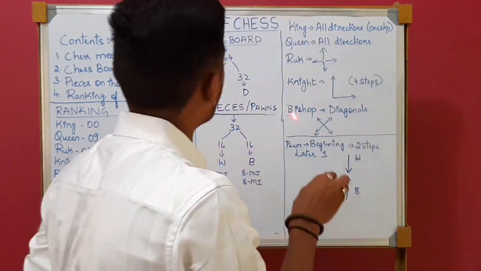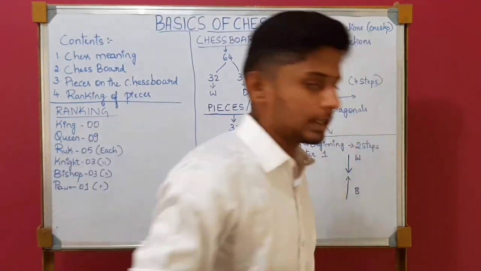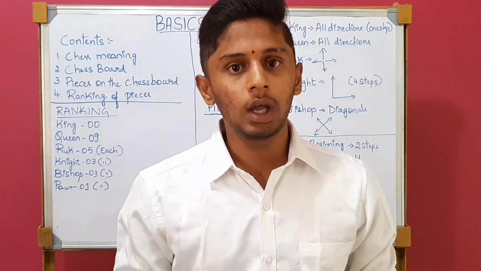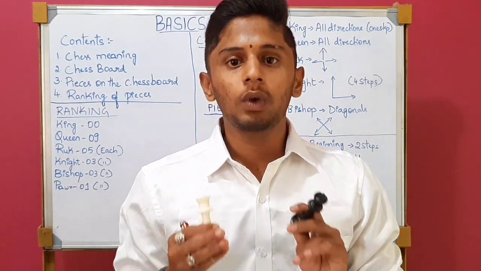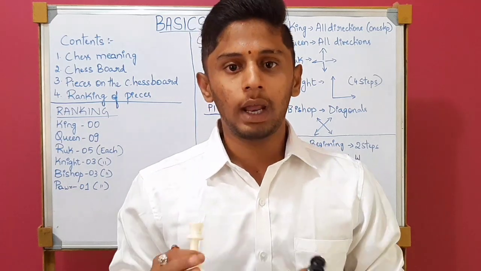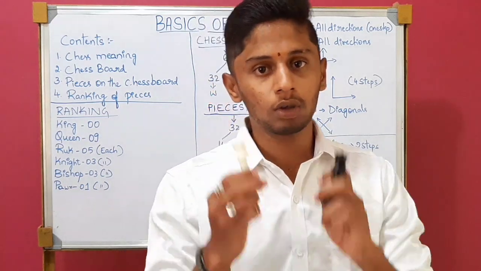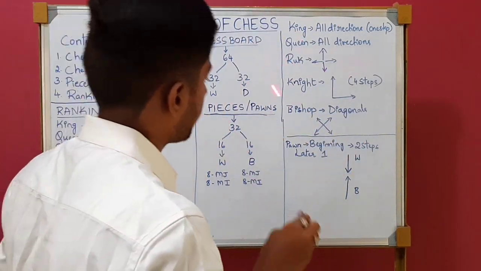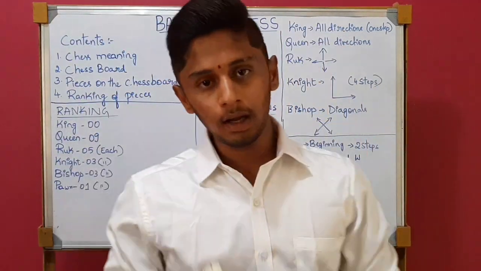And the second piece is the queen. Same as the king, the queen can also move all over the board, and the queen also cannot skip or jump over any piece. This is about the queen. And the next piece is the rook.